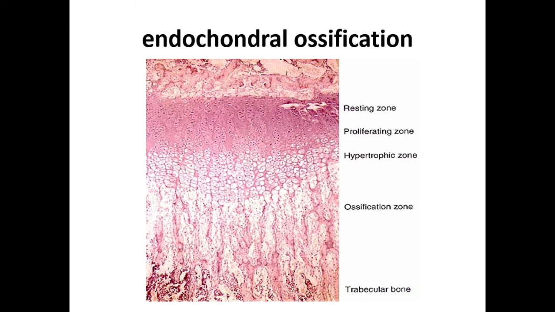Cartilage cells will grow in size to form the hypertrophic zone, and later on, these large cells will slowly be transformed into bone cells. We have the ossification zone and formation of the spongy bones in the body.